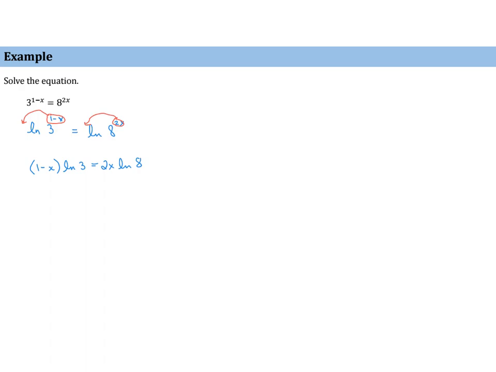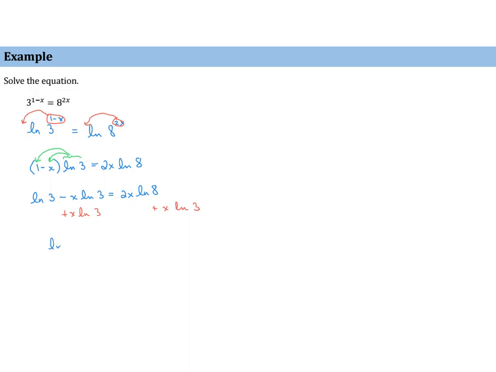Now we will take the natural log of 3 and distribute it. So we have the natural log of 3 minus x times the natural log of 3 equals 2x natural log of 8. Let's get the x's on one side. Let's add x natural log of 3 to both sides.